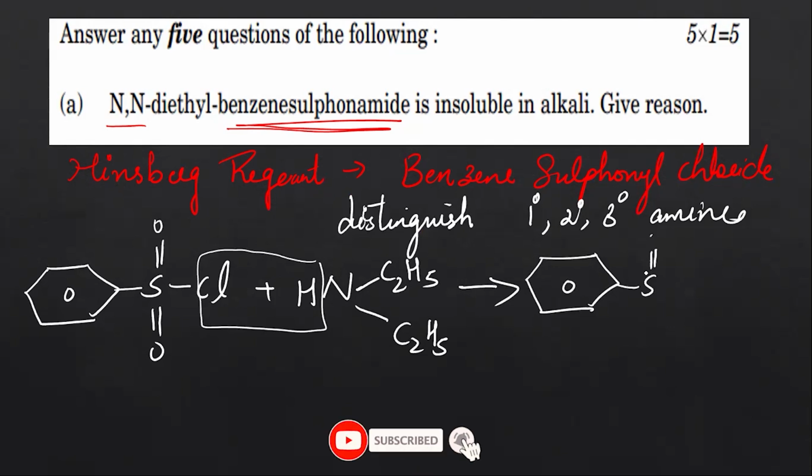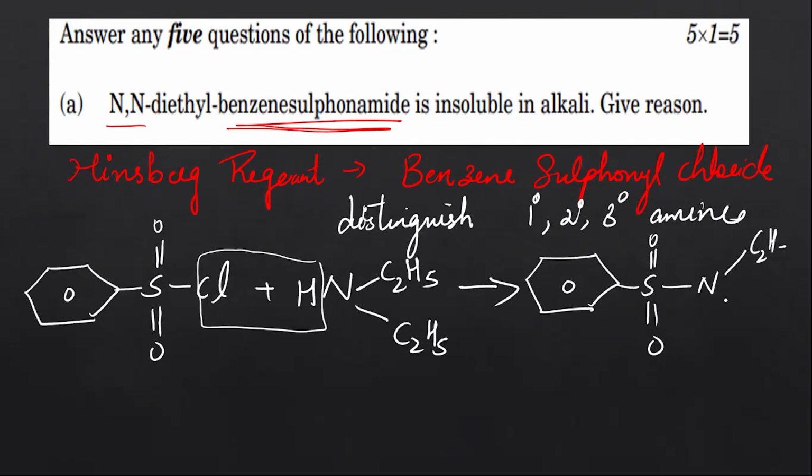So S double bond O, then comes N, C2H5, C2H5. From this structure, it is very clear that this nitrogen atom contains no hydrogen, so it is not at all acidic in character. So when you add alkali, what will happen?